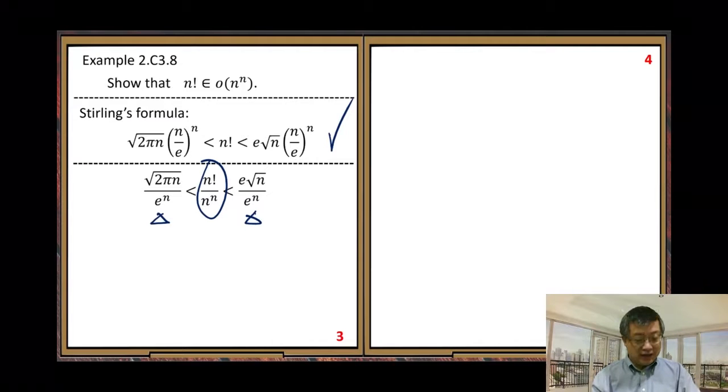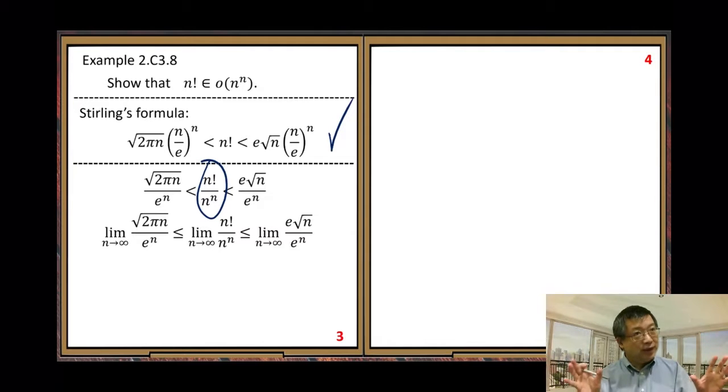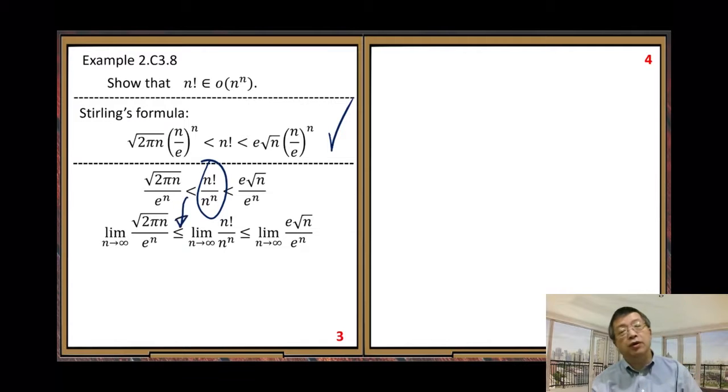Now, let us look at the limit. When n goes to infinity and we take the limit, be careful: we need to change the less than sign to less than or equal. This one also needs less than or equal, so we include that equal case.